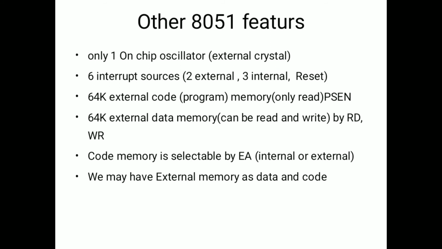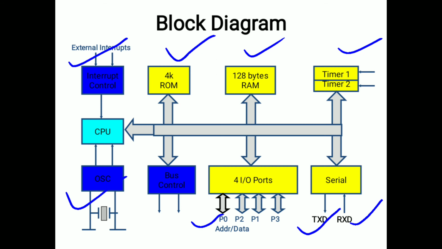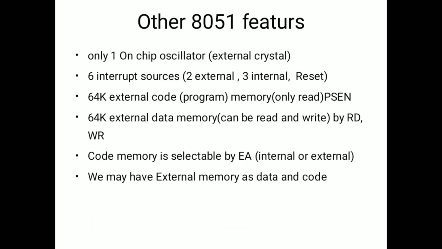It can have 64 kilobytes of external program memory. We have seen that it has 4K ROM memory, but if we want to, we can connect up to 64K program memory. For that we have to use a pin called the PSEN pin, through which we can extend our external memory.